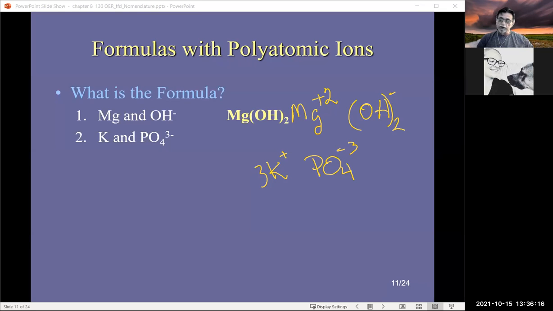So that 3 becomes a subscript, and hence the formula is K3PO4. Now here we only needed 1 polyatomic ion, so you don't need to put the parentheses. It's just 1.